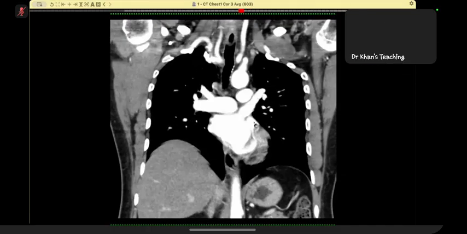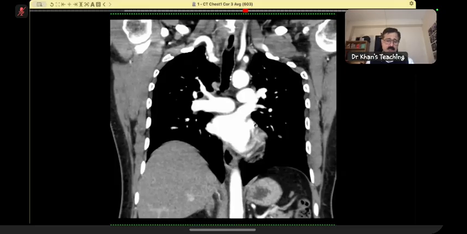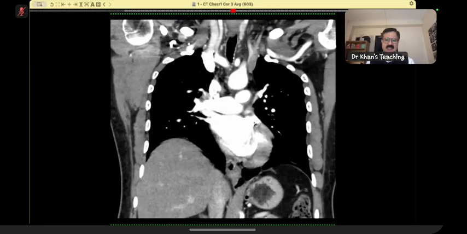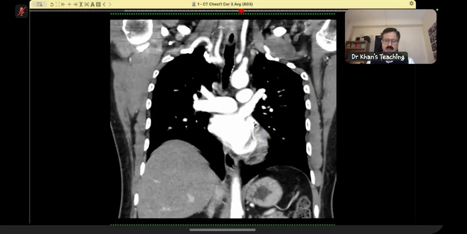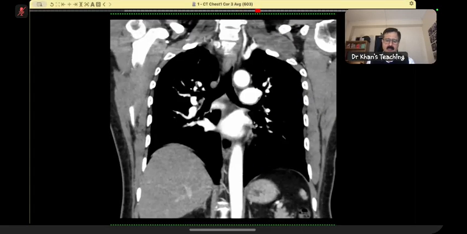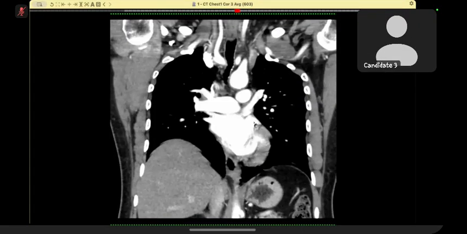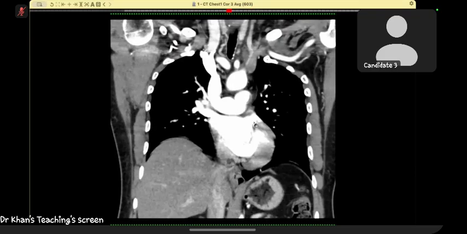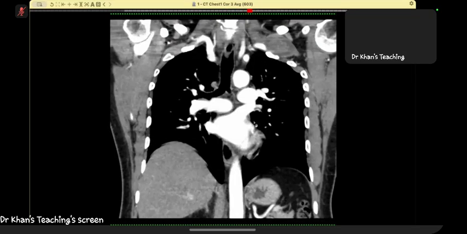If it is a schwannoma, where is it arising from? Sir, it can be arising from the intercostal nerves. That is why it is causing the scalloping of the rib. What is the plexus which is in this region? Brachial plexus.